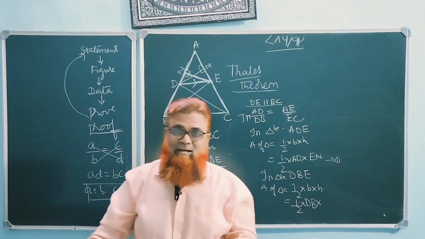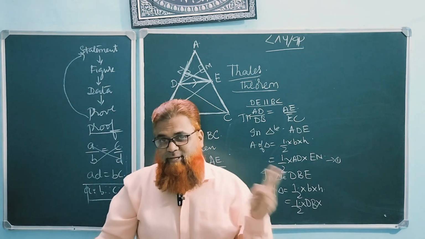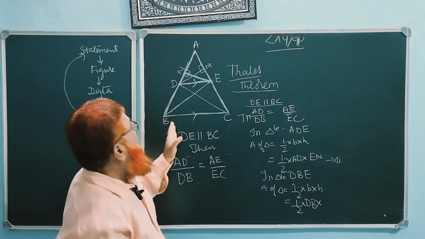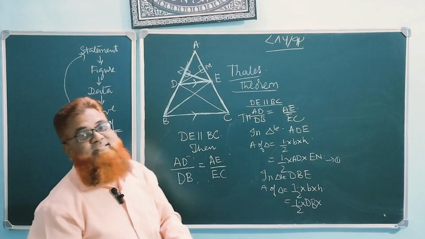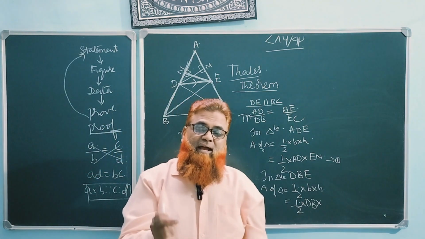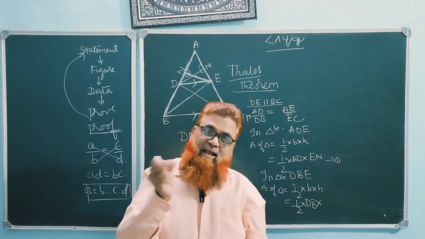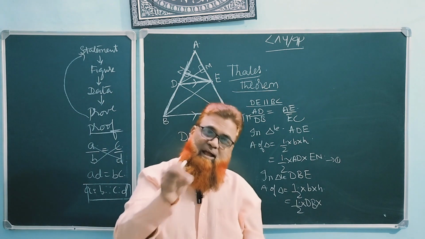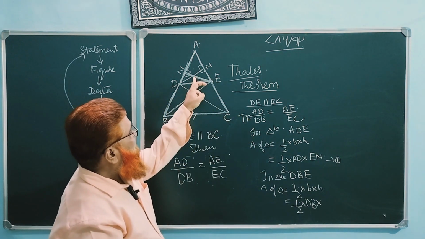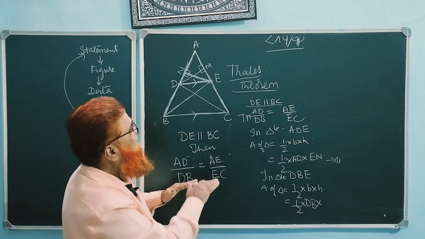And I am going to tell you that secret: EN is taken common to both the triangles ADE and DBE. What may be the reason? Please give your comments on my video. That is why I have taken EN as a perpendicular or height to triangle ADE, and EN as a perpendicular or height to the triangle DBE.